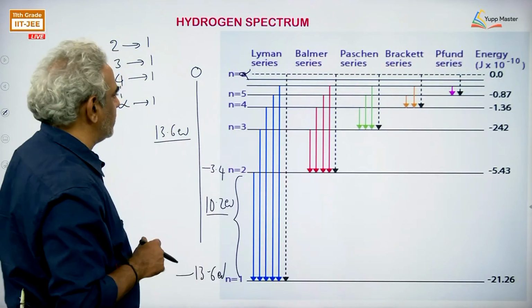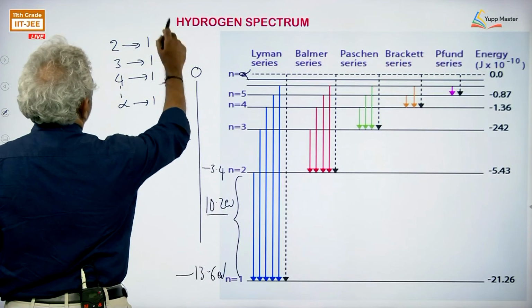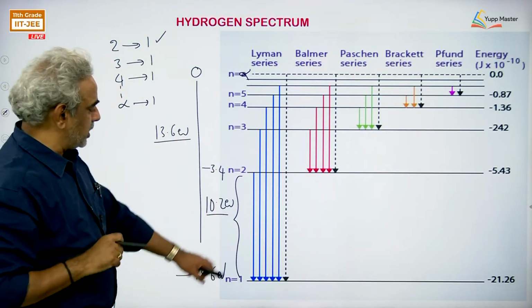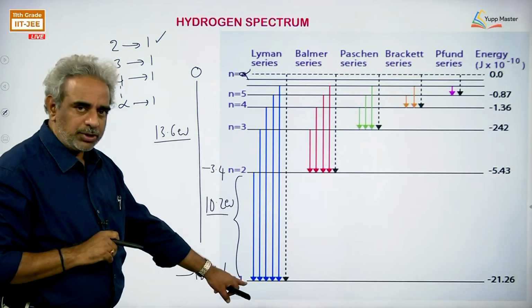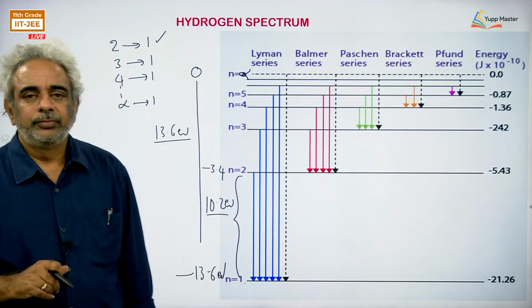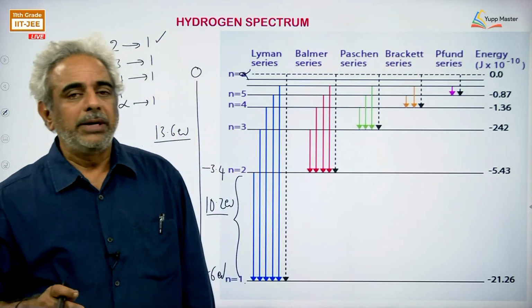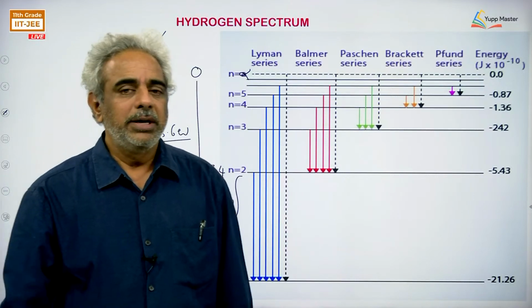This is the least energetic line, because the electron is jumping from the immediately higher state to the ground state, and the most energetic is infinity to 1. Infinity to 1 is called the series limiting line, the most energetic line in a series.